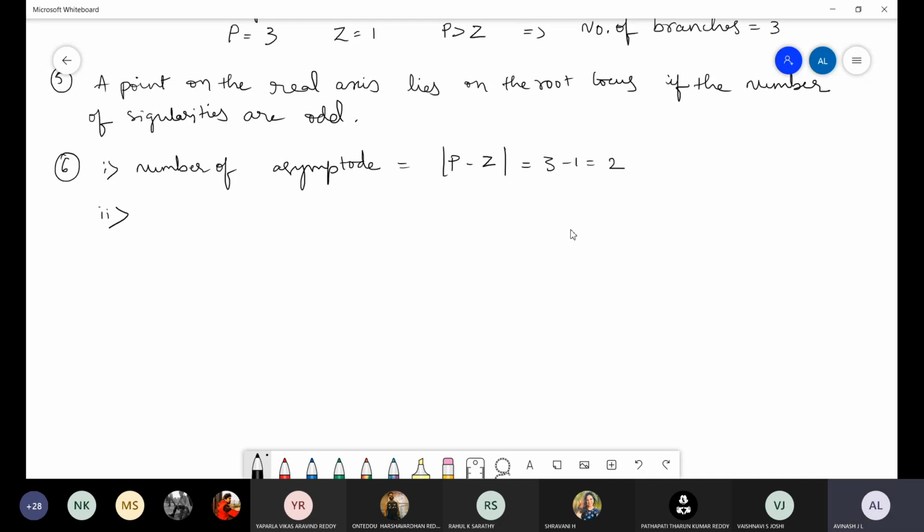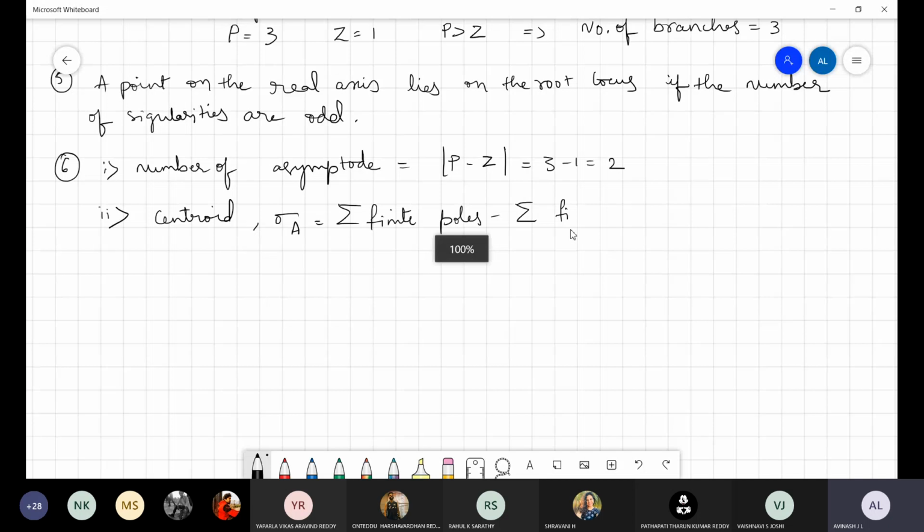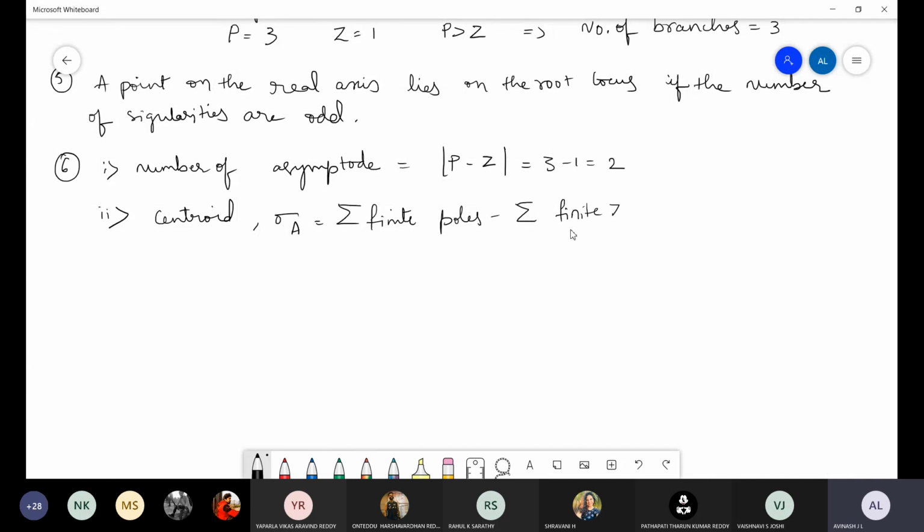So like in the previous numerical, we will also solve this one, the centroid. Centroid sigma A will be equal to what? The summation of finite poles minus the summation of finite zeros, divided by P minus Z. So here the summation of finite poles is 0 minus 1 minus 2, so minus 3 will come, minus the summation of zeros, divided by 3 minus 1.